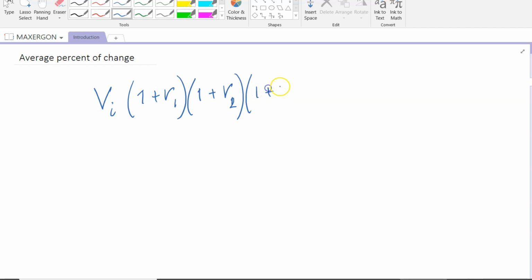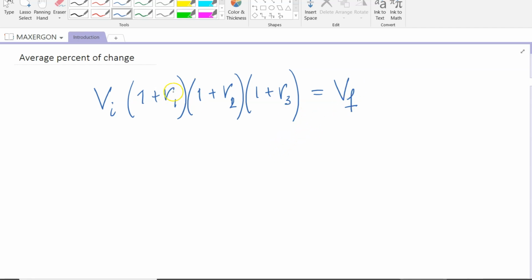And then let's say it was increased again by some percent R3. And that gave us the final value. So in this case, we increased VI 3 times: first by some percent, then by another percent, and then by another percent. All that gave us a final value, which is the ultimate final value.